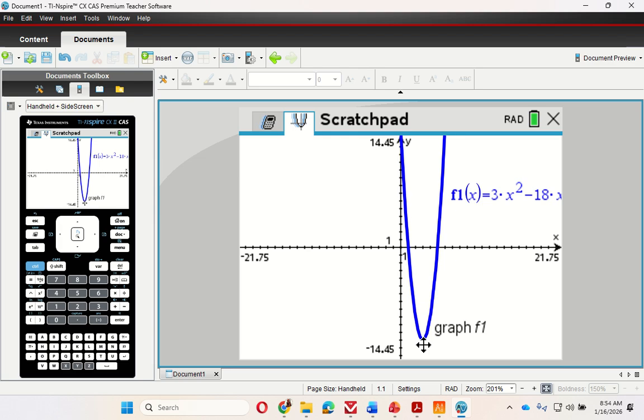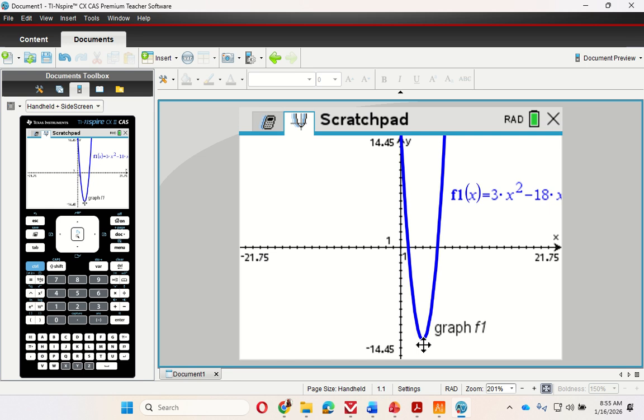Think of the slope. It's negative, right? And so right here up into that, is it going faster or going slower? It's going slower, right? It's getting lower, lower, leveling out right here.